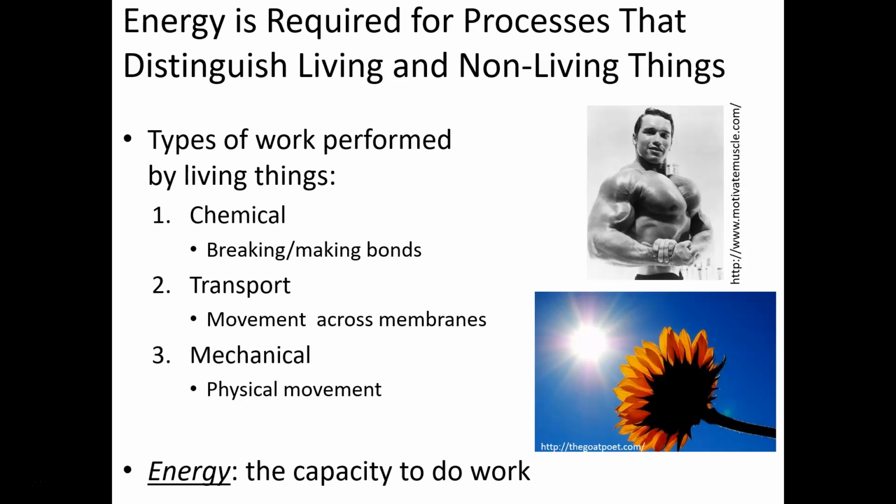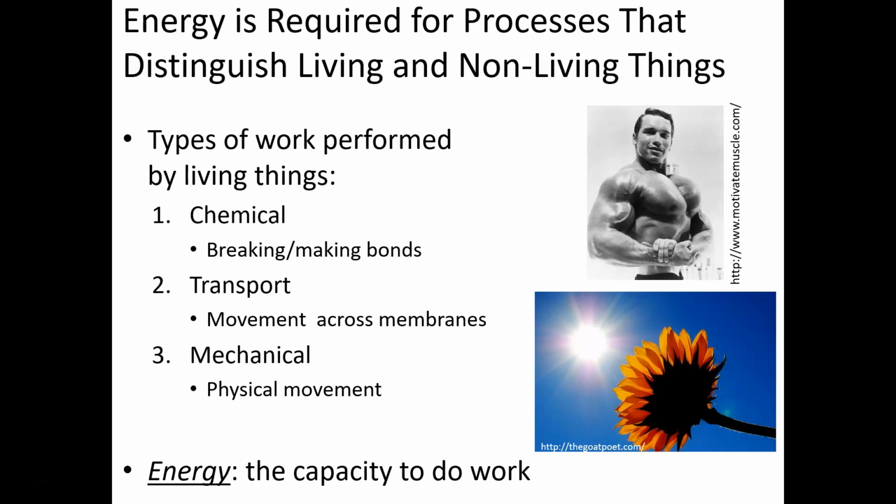So in order to have a bond, you need favorable energy. So that's the chemical type of work. The next type is called transport work, and that's moving things across a membrane. Oftentimes against a gradient, and that requires a tremendous amount of energy over the day. More energy is spent doing transport work than the other two combined.